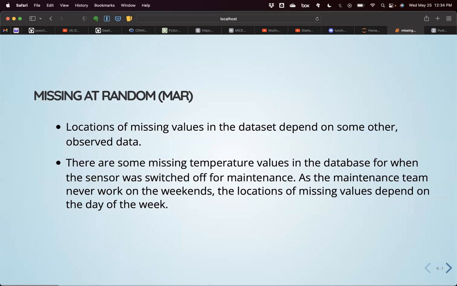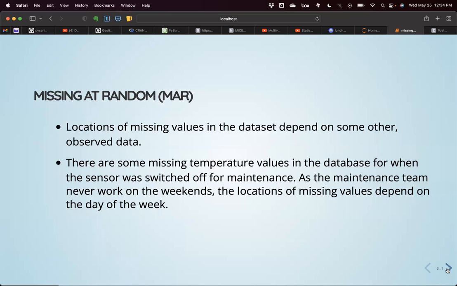The explanation is that the sensor is being maintained during the weekends. In other words, it's turned off during the weekends, so it's not going to transmit at the rate it usually does during the weekdays. So here it depends on some other observed data that, if it's not in the database, at least you can insert that information.